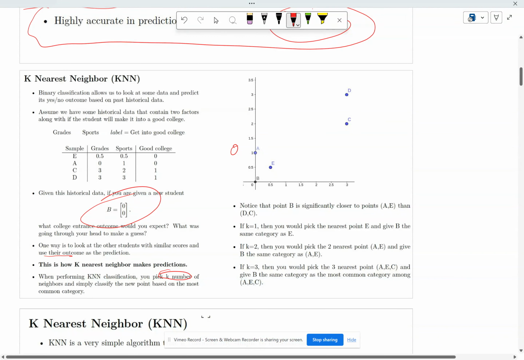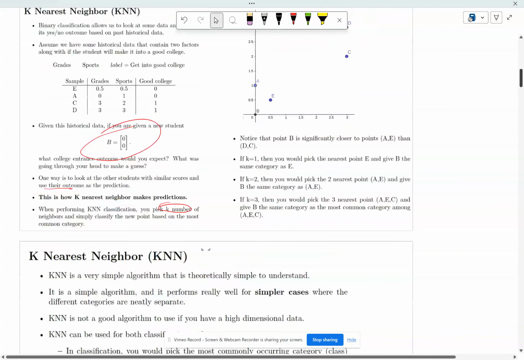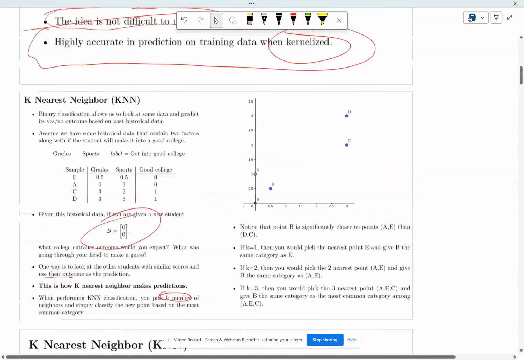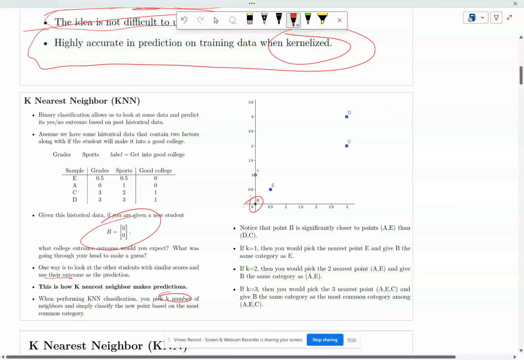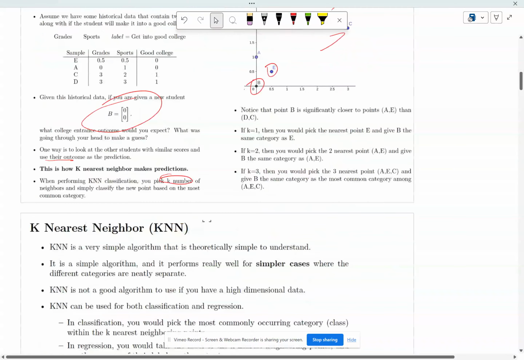It's a really, really simple algorithm. All you really need is to be able to find the distance, and normally we use the L2 norm for distance. Given a point B, you make a table of all the distances, pick the one with the shortest distance, and use the label similar to it.